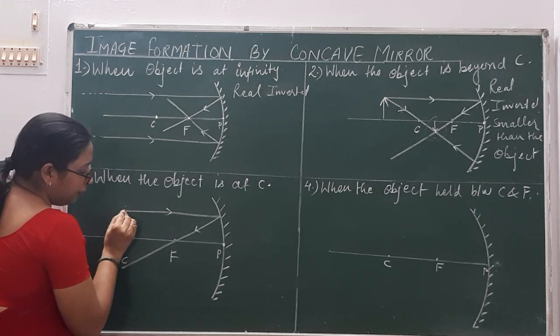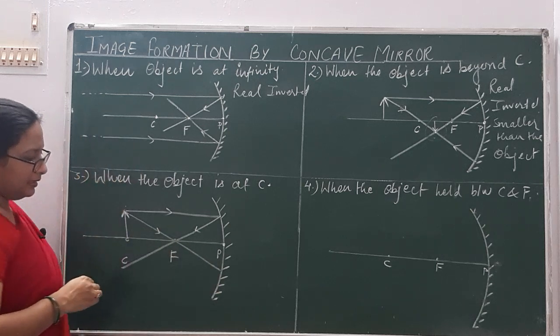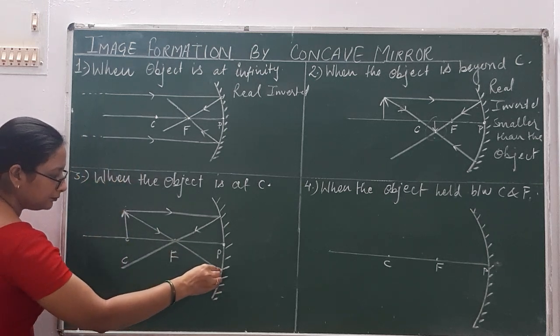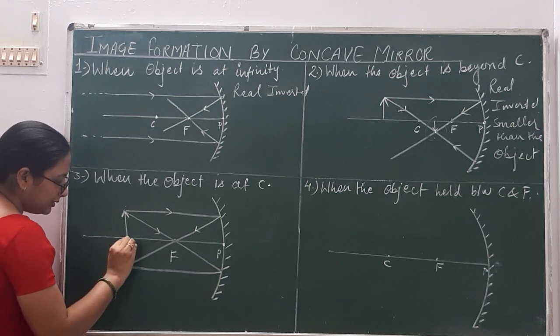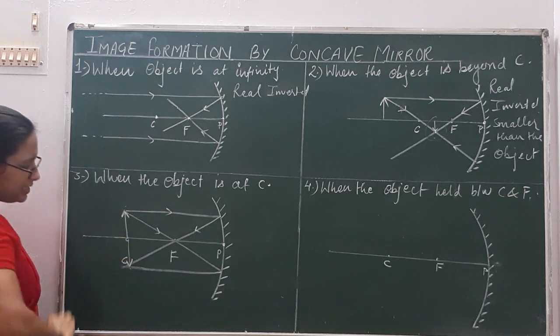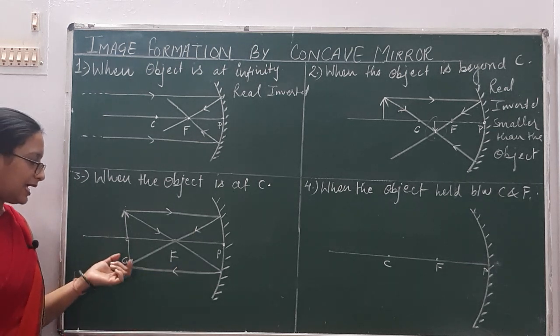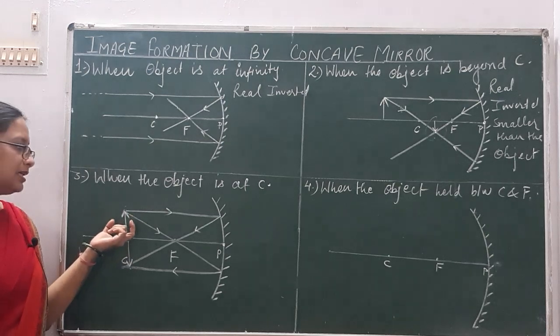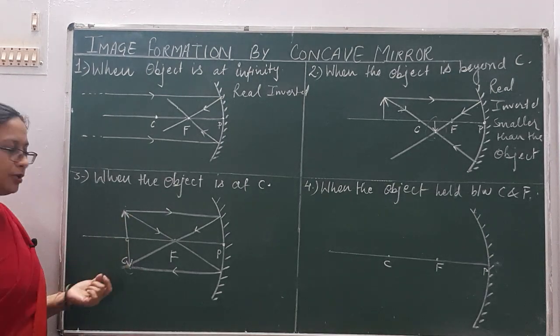A ray of light which is passing through focus of the mirror, after reflection will become parallel to the principal axis. So at this point both the rays will intersect each other, so here image will form, but the size of image is just similar to the size of the object, and this is again a real intersection of two rays.